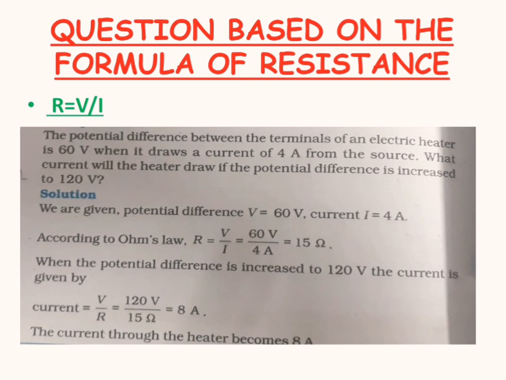Getting back to the question again, we know V, that is 120. We know R from the first case, that is 15 ohm. Now we will easily be able to find our current through the formula, that is 120 upon 15 equals 8 ampere.